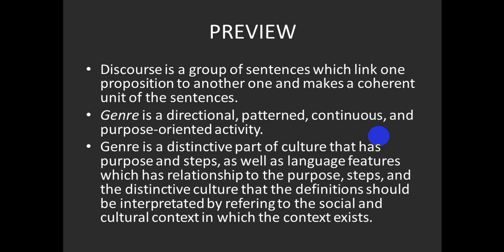Genre is a distinctive part of culture that has purpose and steps, as well as language features which relate to the purpose, steps, and the distinctive culture. The definitions should be interpreted by referring to the social and cultural context in which the genre exists.